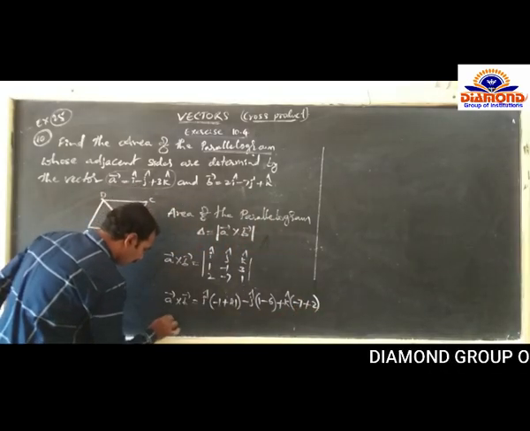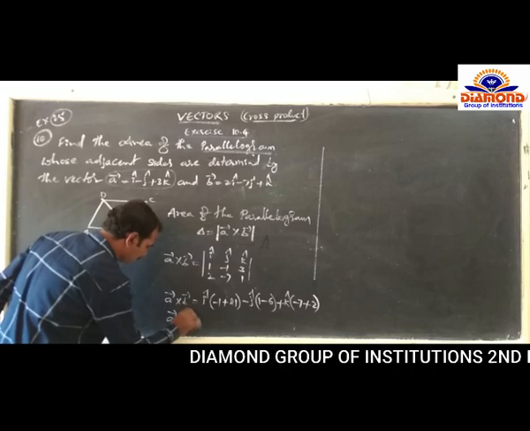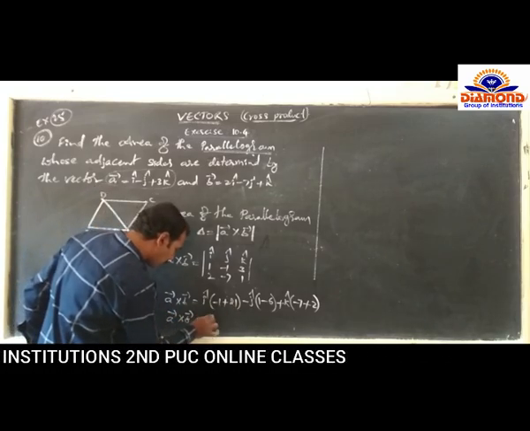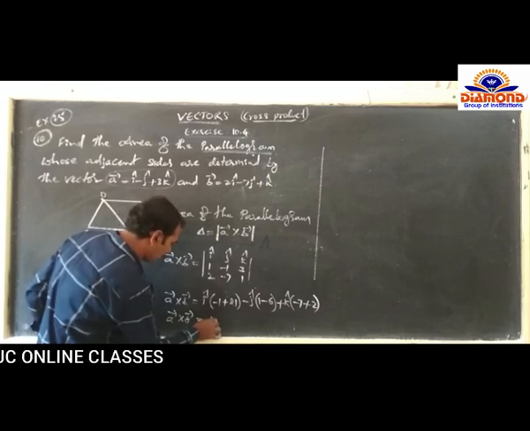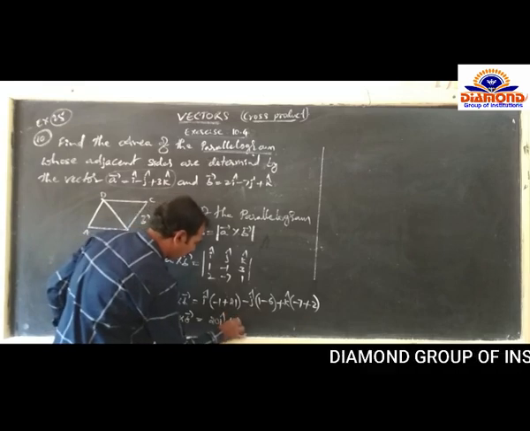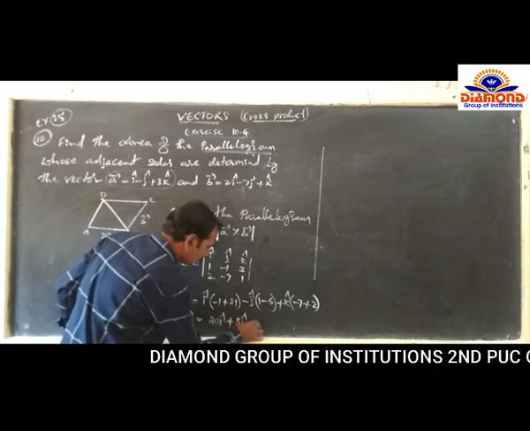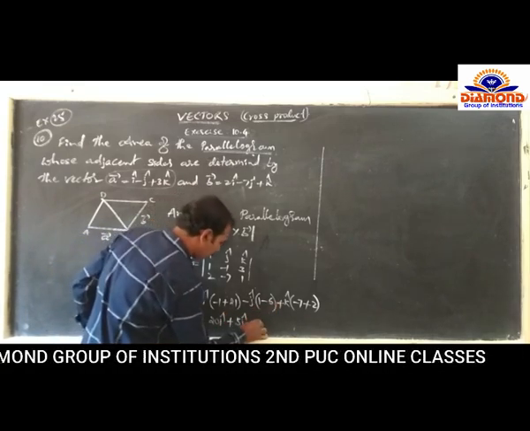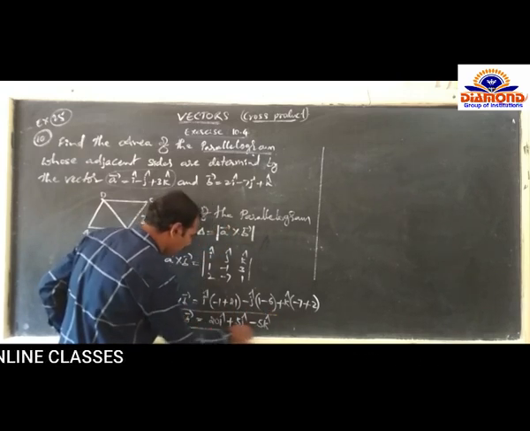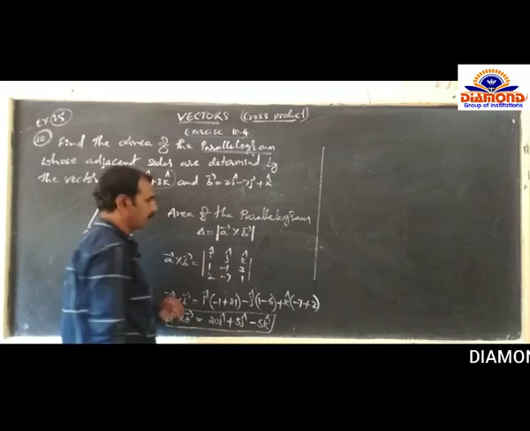So A bar cross B bar equals 20 I cap plus 5 J cap minus 5 K cap.